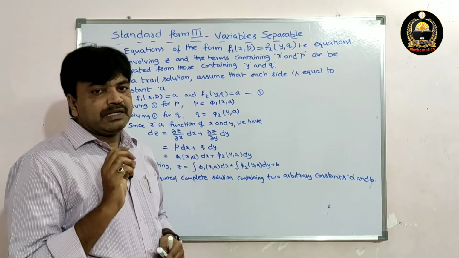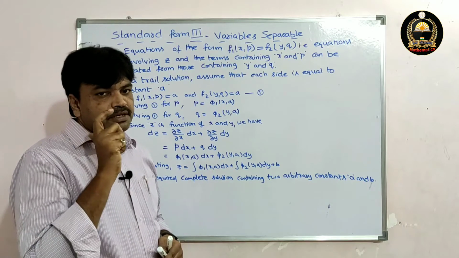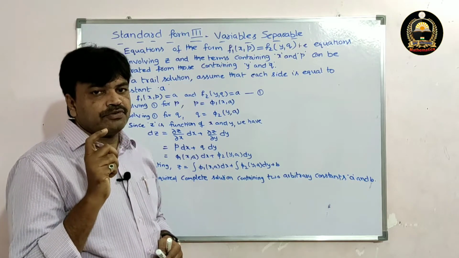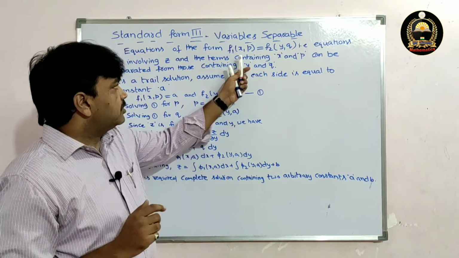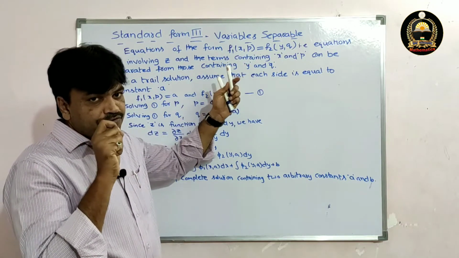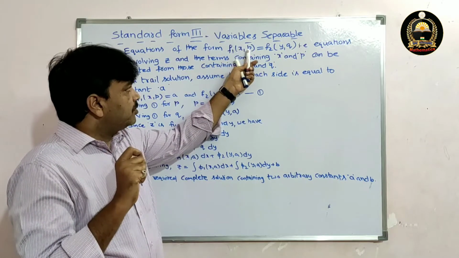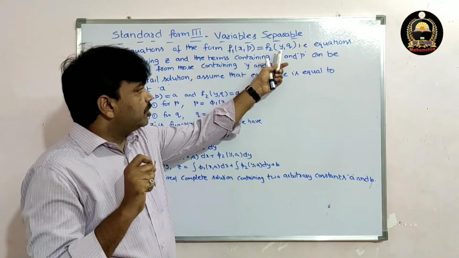The standard form I discussed in the basic concept of non-linear partial differential equations of first order. What is the equation form? f1 of x comma p is equal to f2 of y comma q.